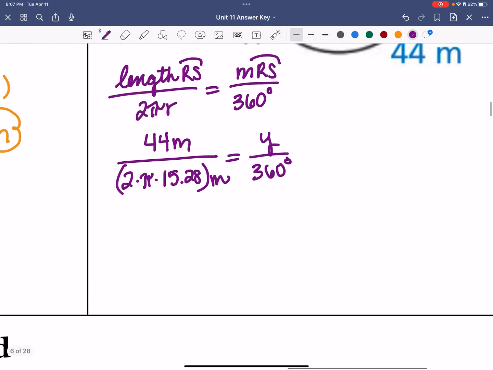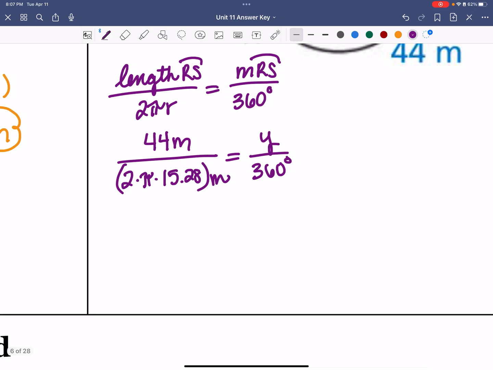There's only so much I can simplify here, and I can really only simplify on the left side of my equation. So I'm going to get rid of this meters because I want my answer in degrees. I'm going to go ahead and get rid of this 2 and change that 44 to 22. And then I'm just going to rewrite it 22 over 15.28 pi.